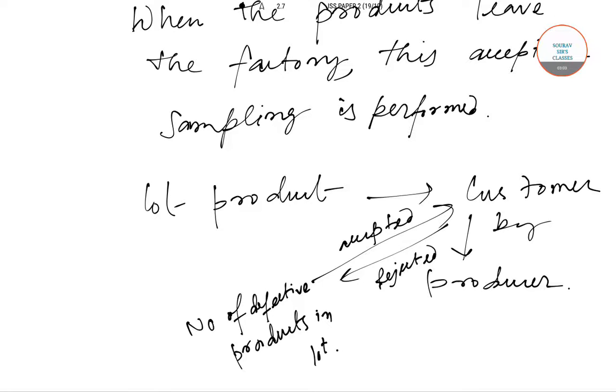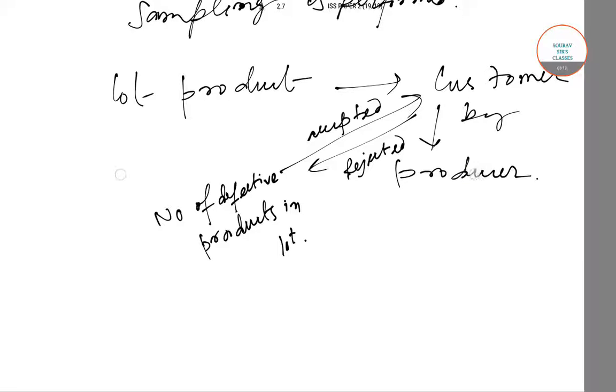Now in general, acceptance sampling is employed when one or several of the following points hold. Number one, testing is destructive.